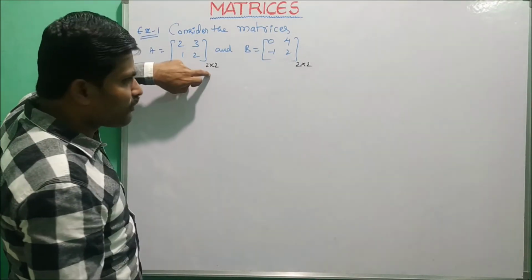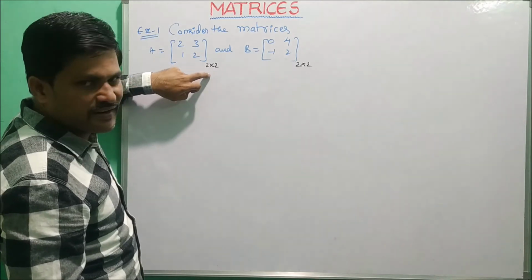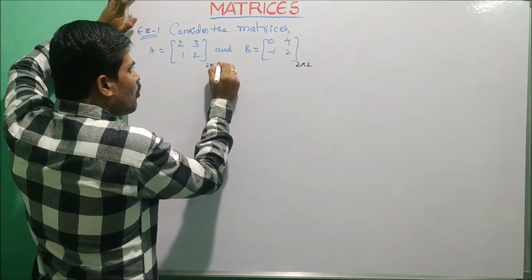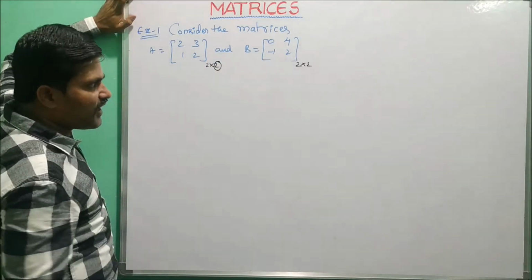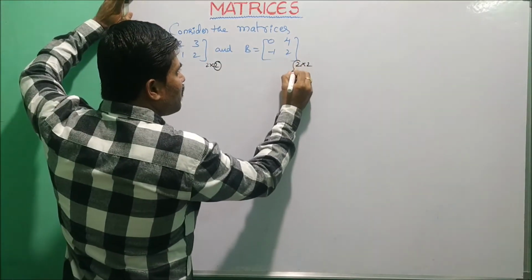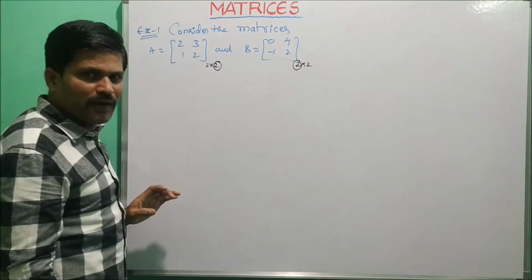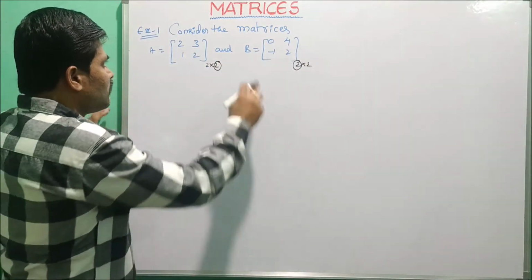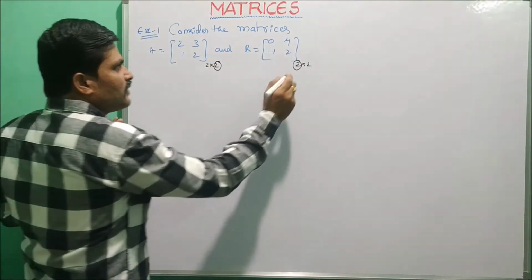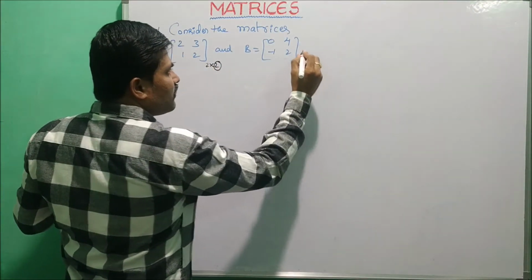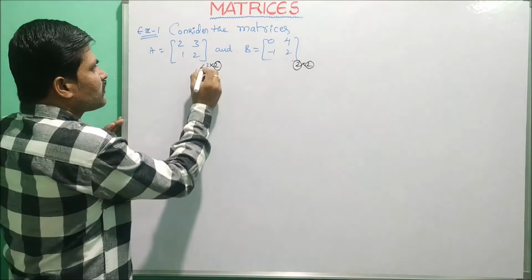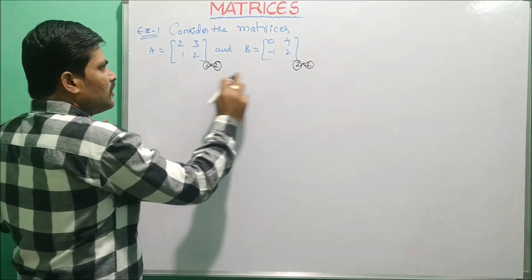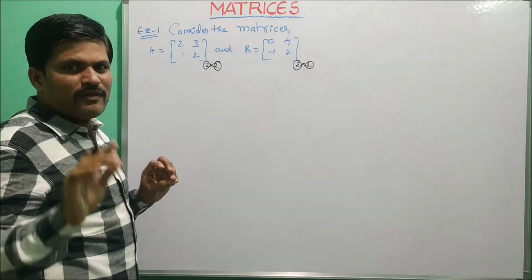Therefore, here we have to observe the multiplication condition. The condition is the number of columns in the first matrix A is always equal to the number of rows in the second matrix B. Similarly, here we take the first matrix as B. The number of columns in the first matrix is always equal to the number of rows in the second matrix. So here both AB and BA will exist.